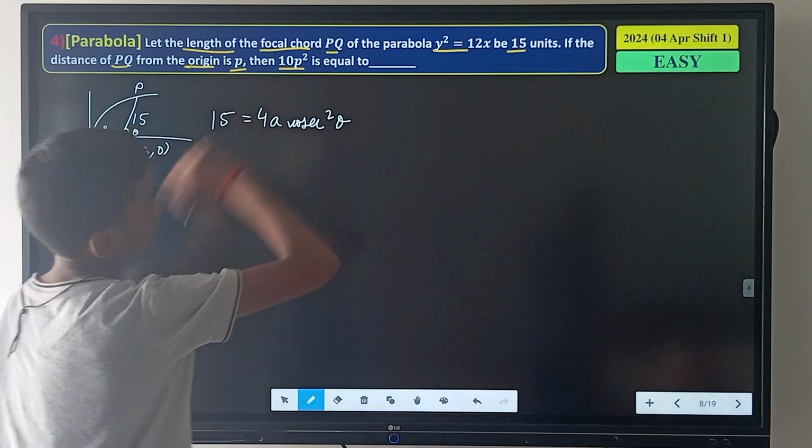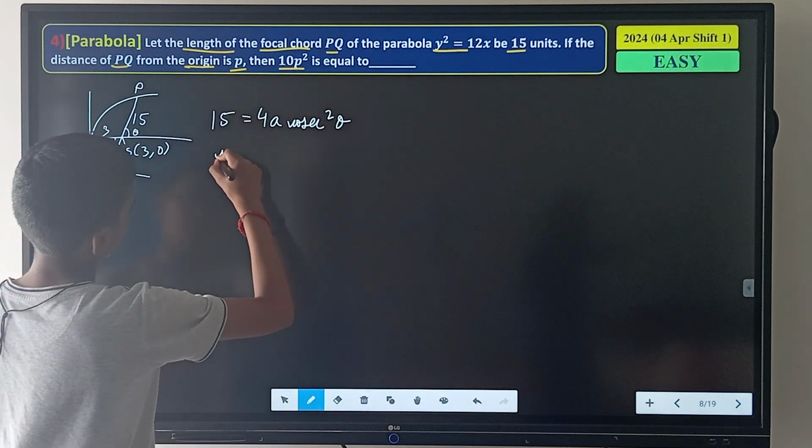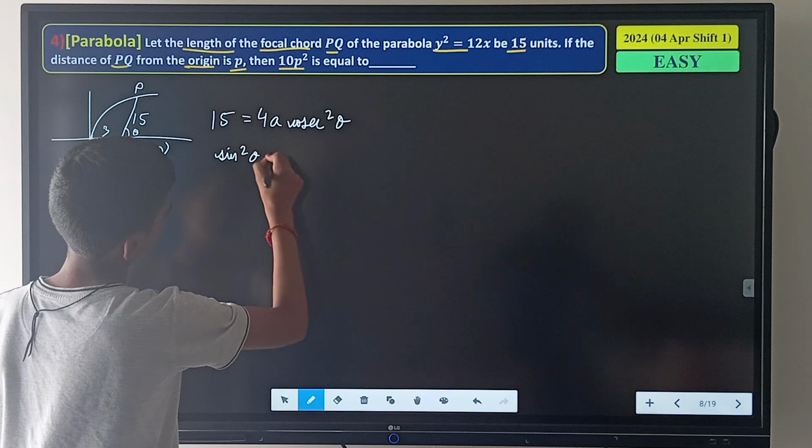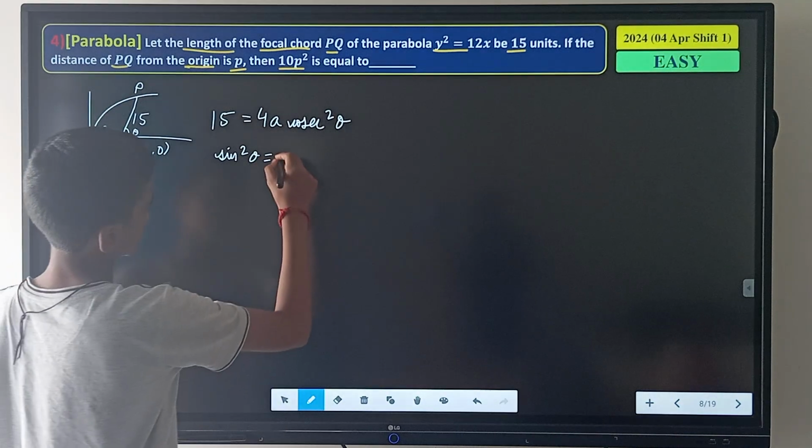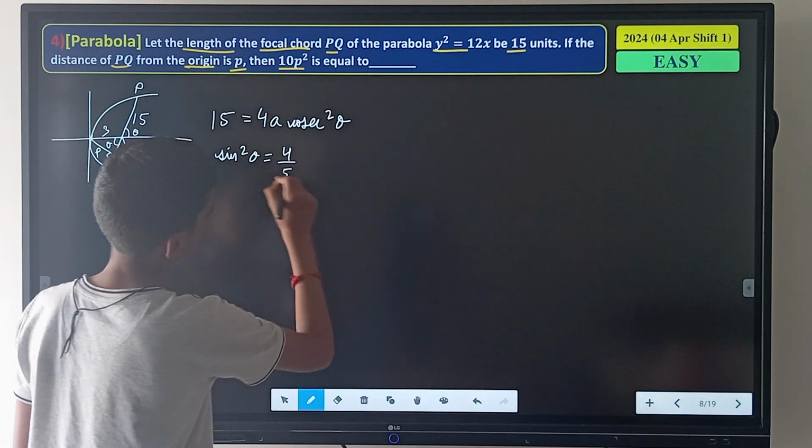Now my 4a is 12, so I will get sine square theta is equal to 12 upon 15, which is equal to 4 upon 5.